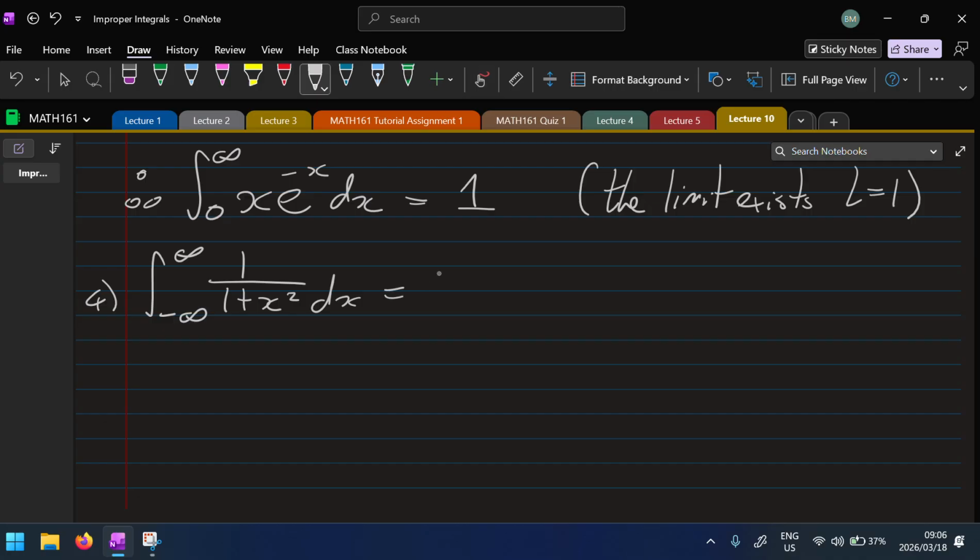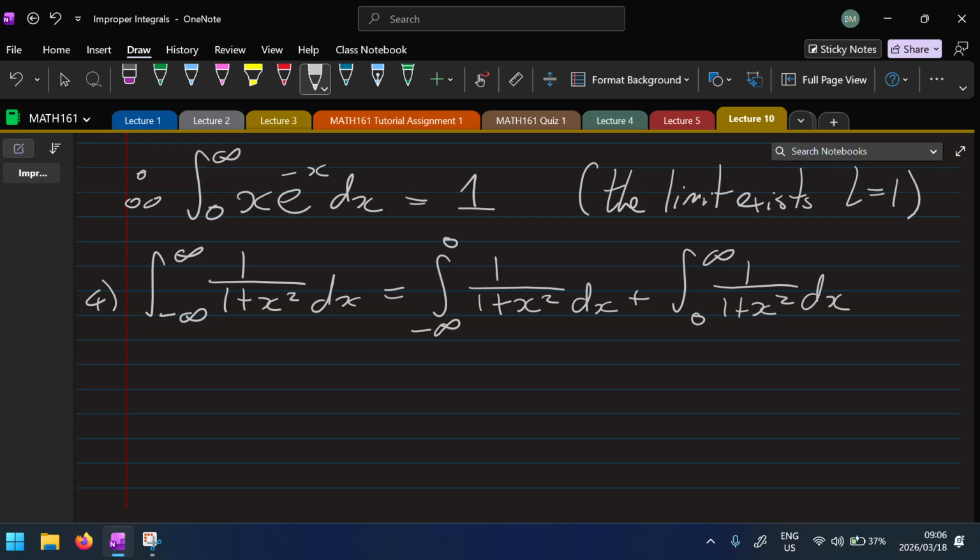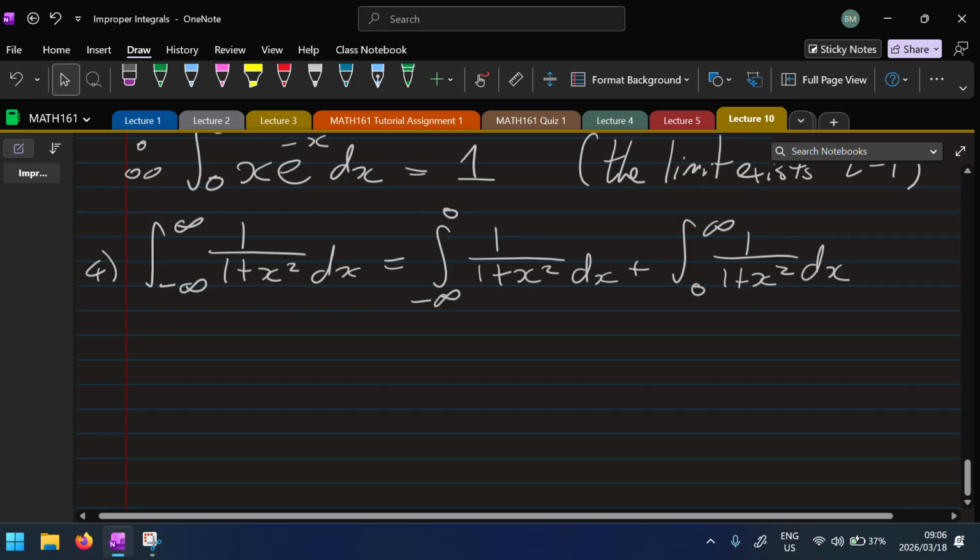So this will be the integral from minus infinity to 0 plus the integral from 0 to infinity. Again, because it's even, it gives us a nice splitting. So let's call it number 1 and number 2. We'll do them separately and then add it up at the end.